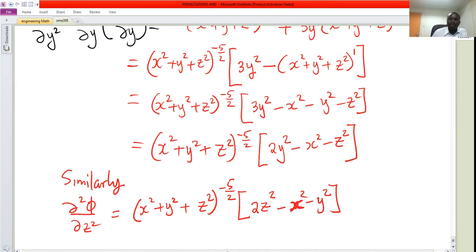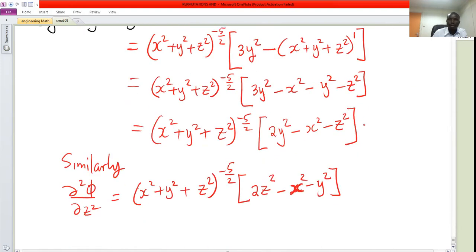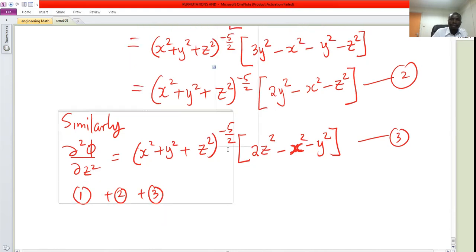So if I call this one equation 1, and then I call this one, the second partial for y, equation 2, I call this one equation 3, then it means that 1 plus 2 plus 3, all of them have a factor x squared plus y squared plus z squared raised to minus 5 over 2.